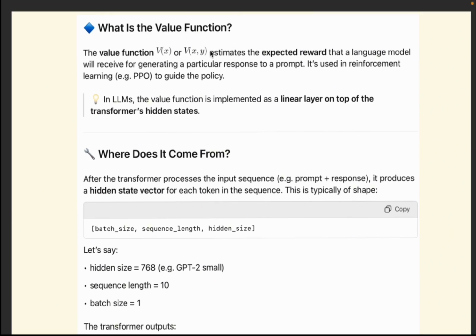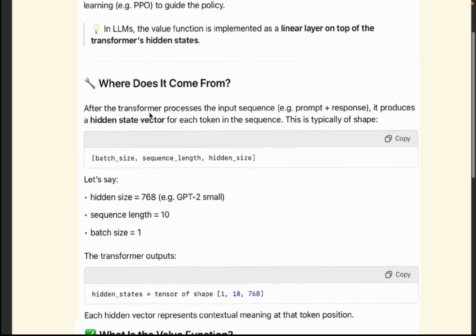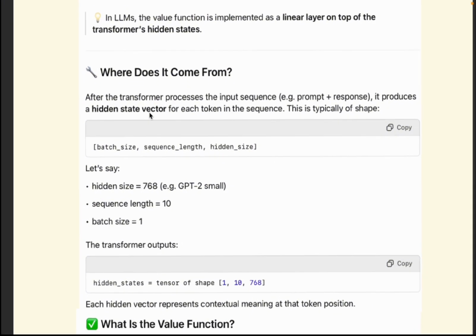So what is that value function? First of all, the value function V(x) or V(x given y) estimates the expected reward that a language model will receive for generating a particular response to a prompt. So that's how technically it happens. It's mainly used, as we saw in PPO, but where does it come from and how do we calculate it?